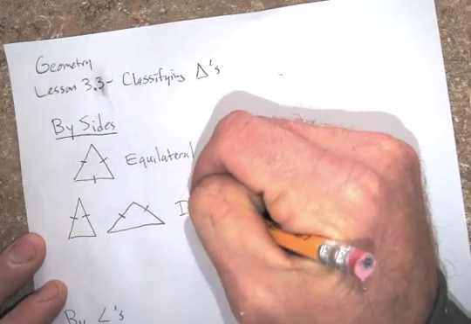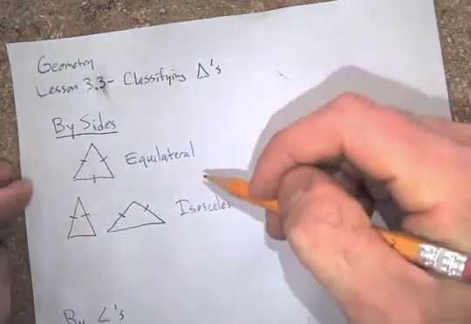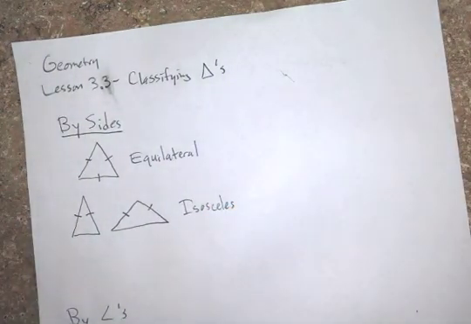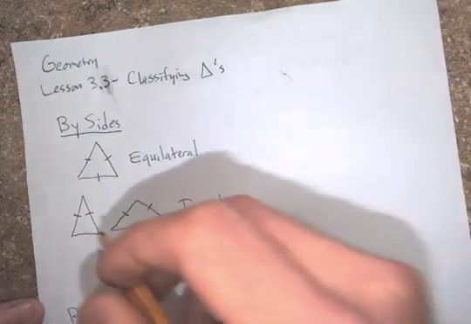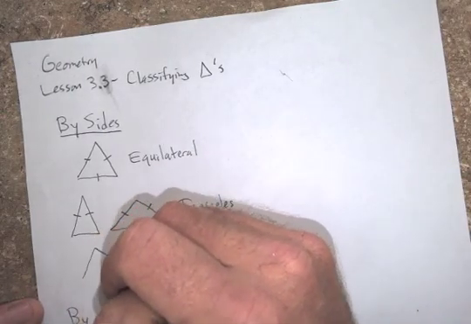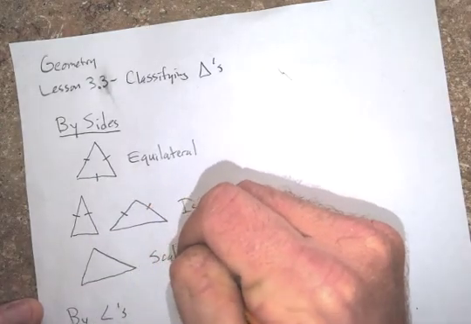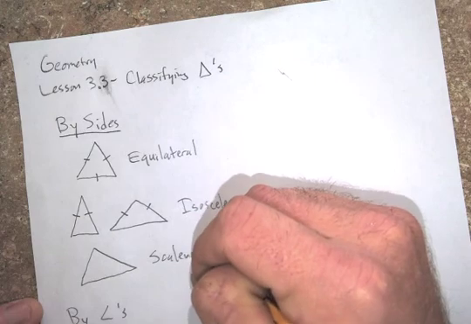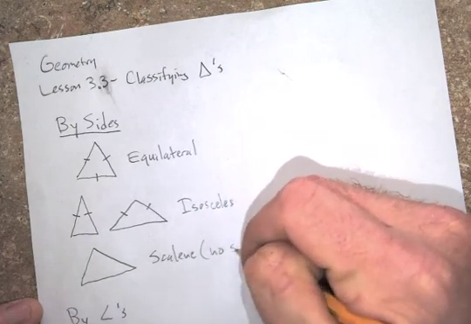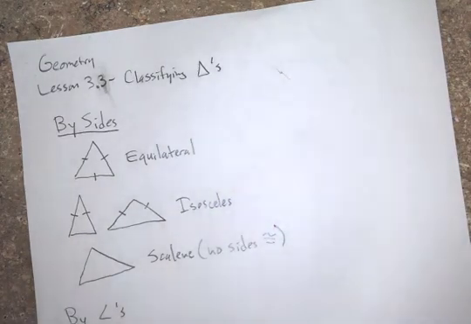Isosceles, spelled like that. Two sides the same. And if no sides are the same, scalene. No sides congruent.